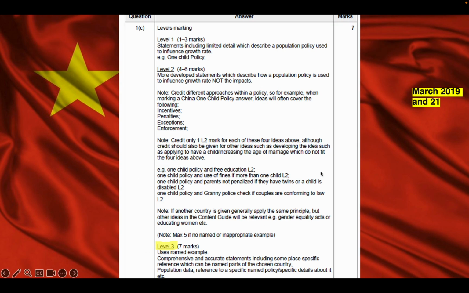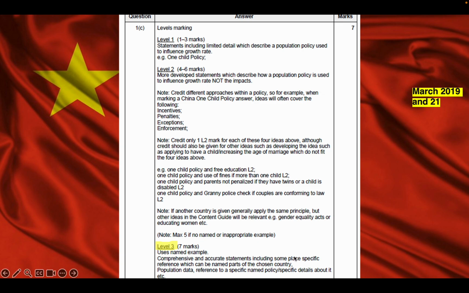And here's another mark scheme as well, March 2021, which looks at it in a lot more detail. So really want to be aiming here for level 3. So uses a named example, the name obviously one child policy. So using obviously comprehensive and accurate statements that we've looked at previously.